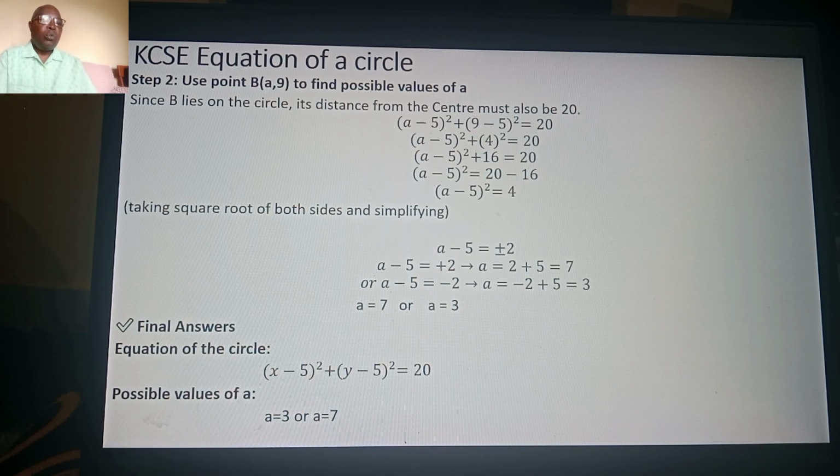Now, step 2. Using point B(a, 9) to find possible values of a. Since B lies on the circle, its distance squared from the center must also be 20. And therefore, since the center is 5, 5, the equation will be a minus 5 squared plus 9 minus 5 squared is equal to 20.